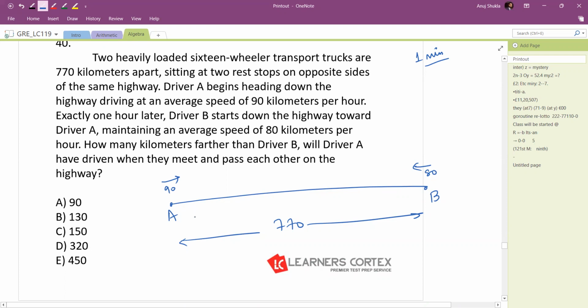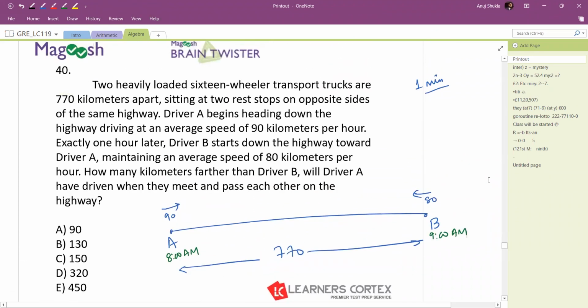But A is starting 1 hour before. Exactly 1 hour later, driver B starts, means A is starting 1 hour before. If this person is starting at 8 a.m., this person is starting at 9 a.m.